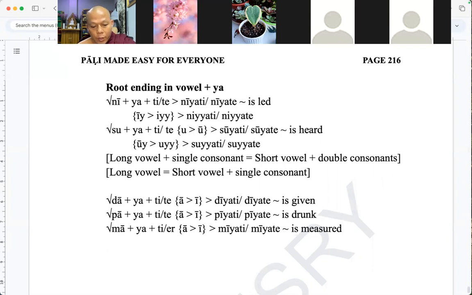And the other, some rare roots ending in A, for example root K, and then ya, and then D. At that time this A also changes to E. So D, it's stand.